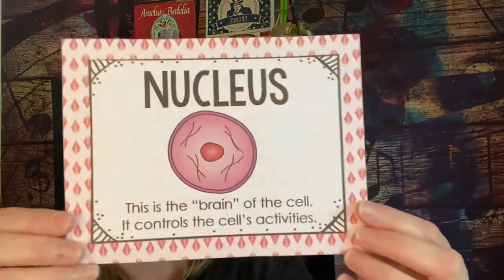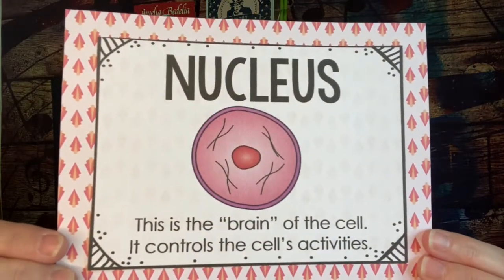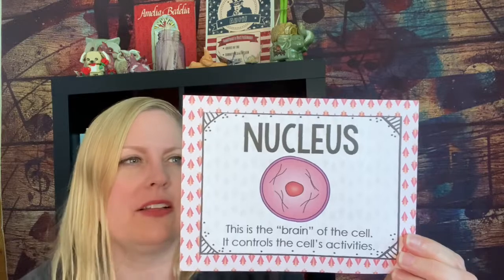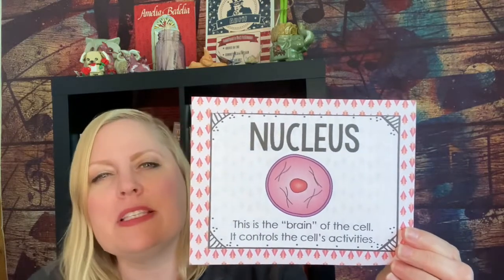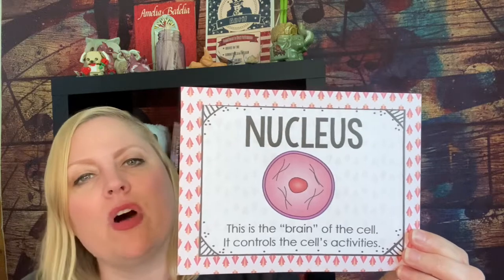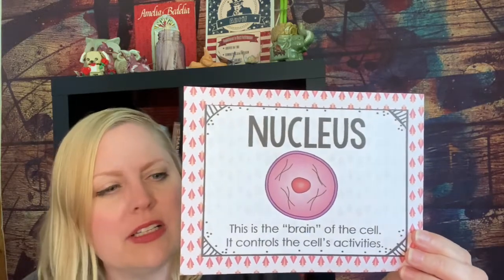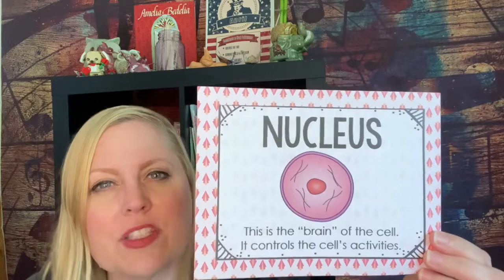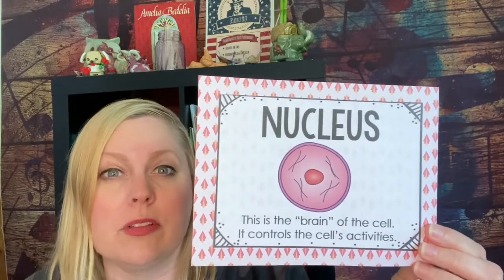The nucleus. The nucleus is an organelle, an organ with a special job, okay? It's kind of like the brain of the cell. It's home to all of the cell's chromosomes. And maybe you've heard of the word chromosome before. A chromosome is something that carries all of the genetic material and information that makes you, okay?